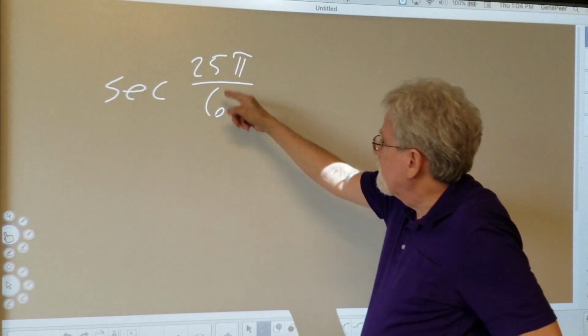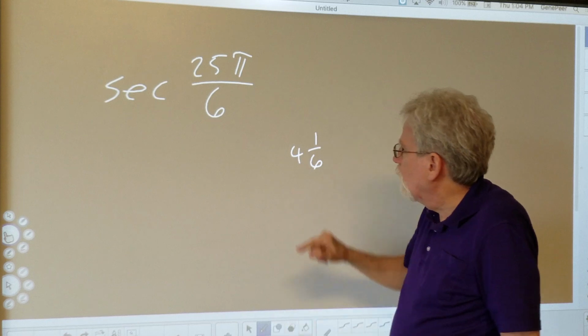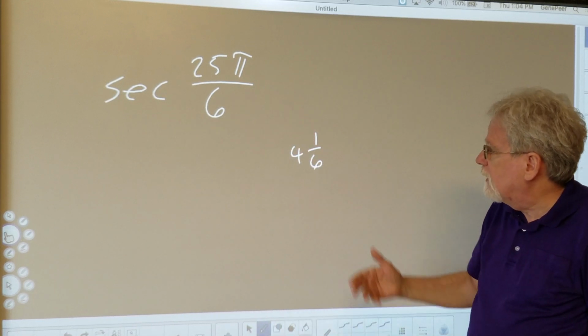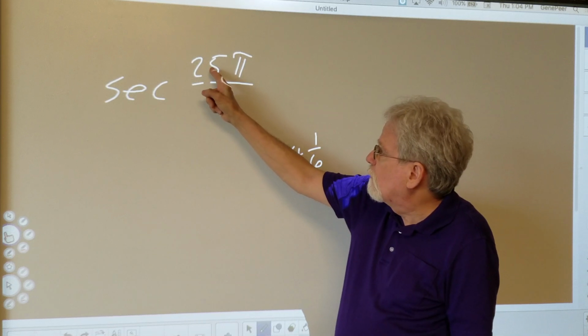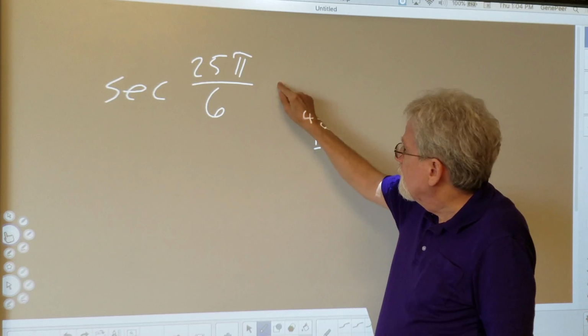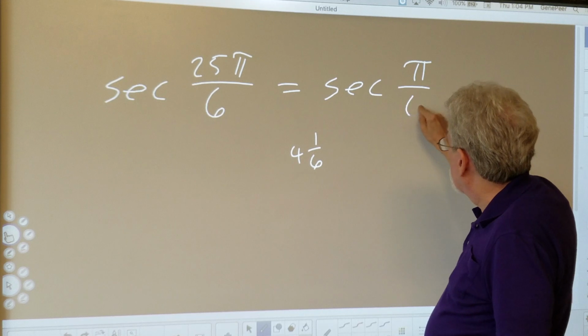Well, 25/6 is equal to 4 and 1/6. So we can toss out 4 pi out of this. If I toss out 4 pi, I'm left with 1/6 pi. I'm tossing out 24/6 pi, leaving me with the secant of 1/6 pi.